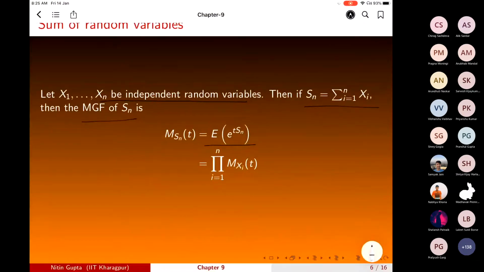This concept we have used previously also, but I have given the proof this time because for that you require the definition of independence, etc., which can be explained when we have done the joint distribution. So that's why this is given here.